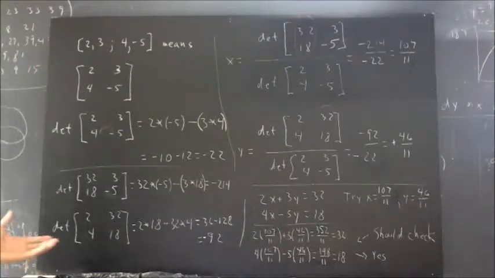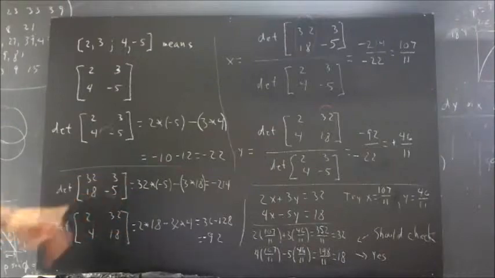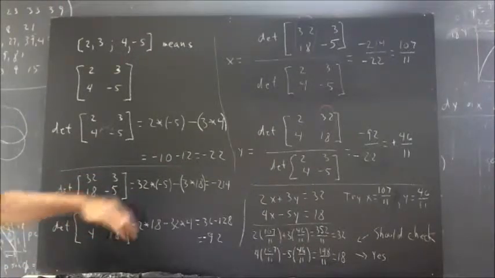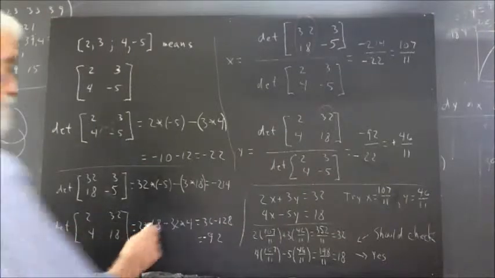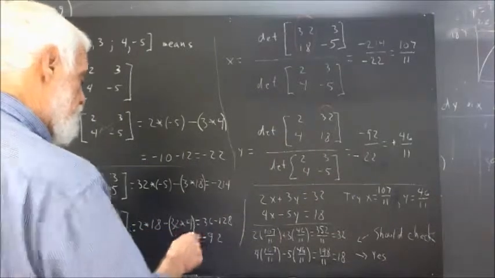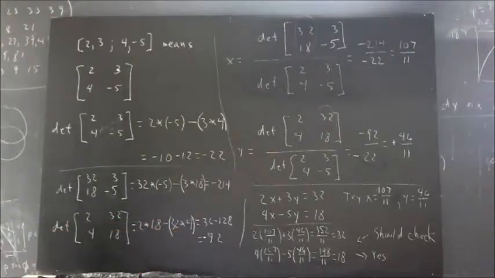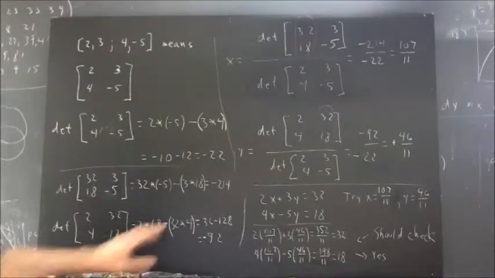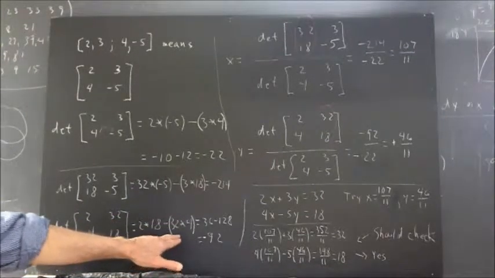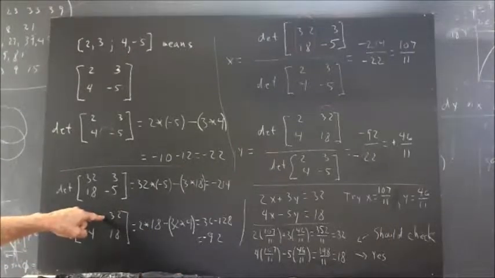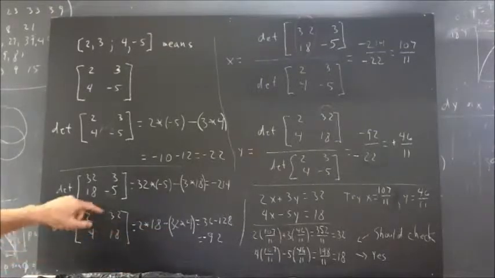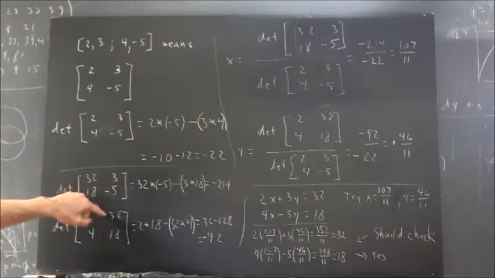Okay, now the determinant here, 2, 18, 32, 4. Okay, 2 times 18, minus the 32 times 4. Emphasize the structure by putting a set of parentheses. The parentheses are not really essential here, but if this number happened to be negative, it would be really easy to just write the negative here and think that you had that negative sign.